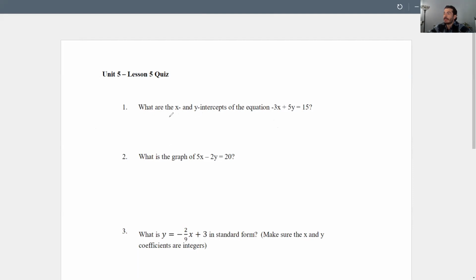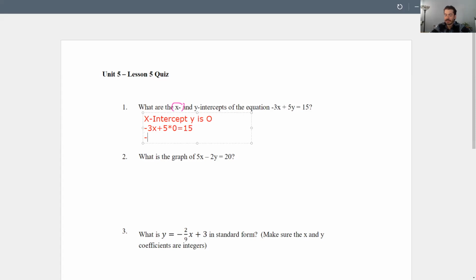So I know that to get my x-intercept, I'm going to set my y equal to 0. So that's negative 3x plus 5 times 0 equals 15.